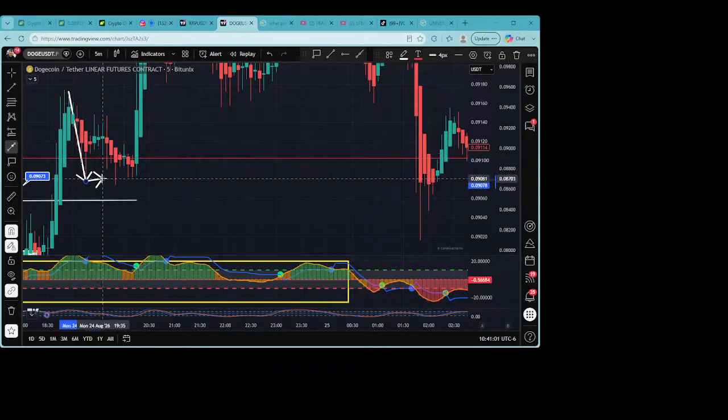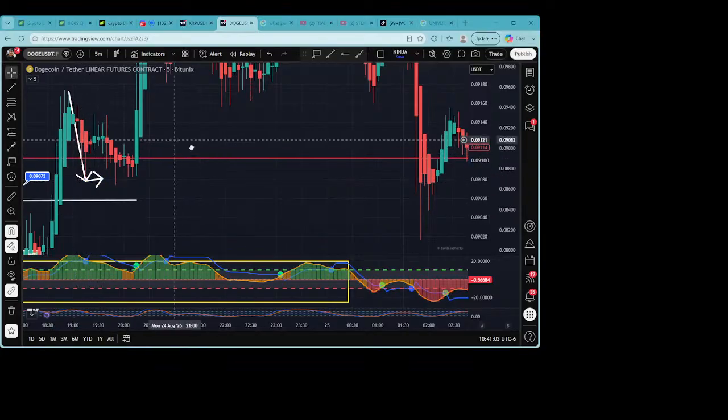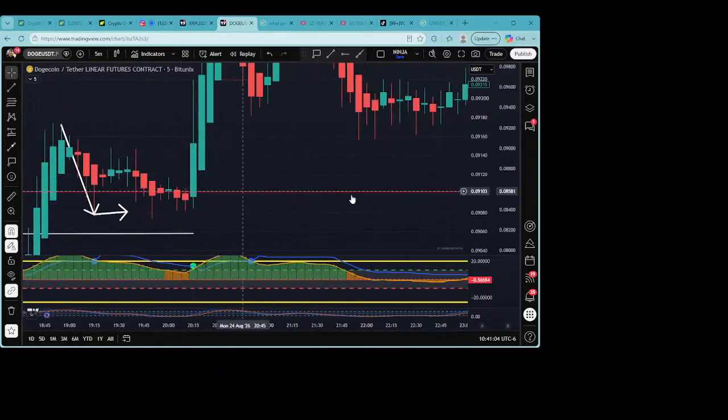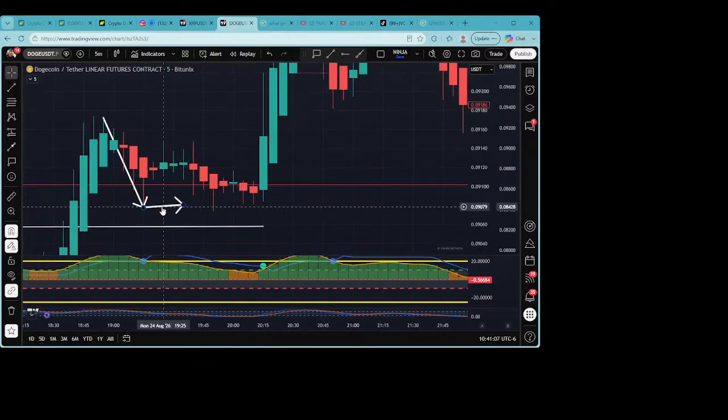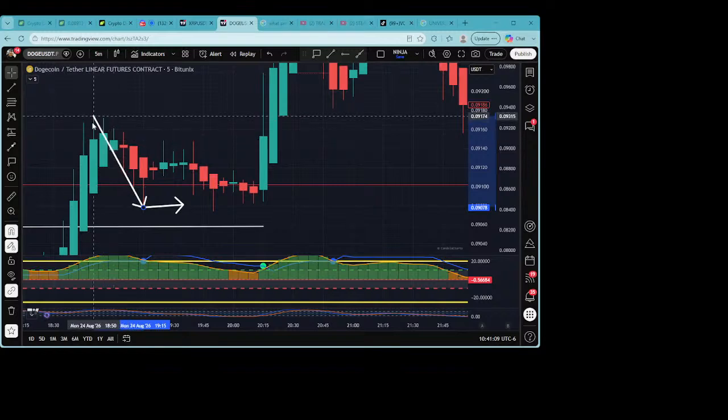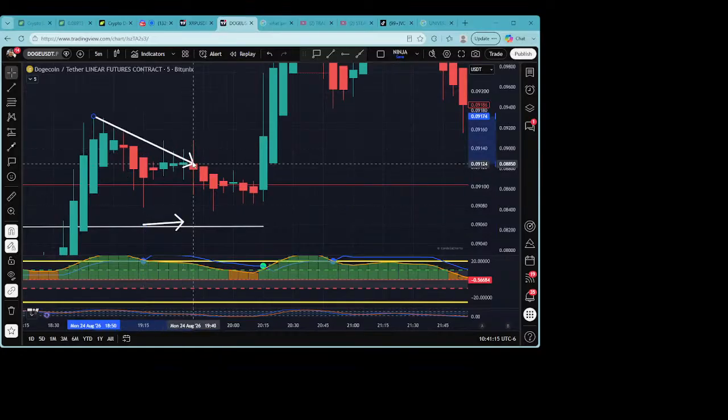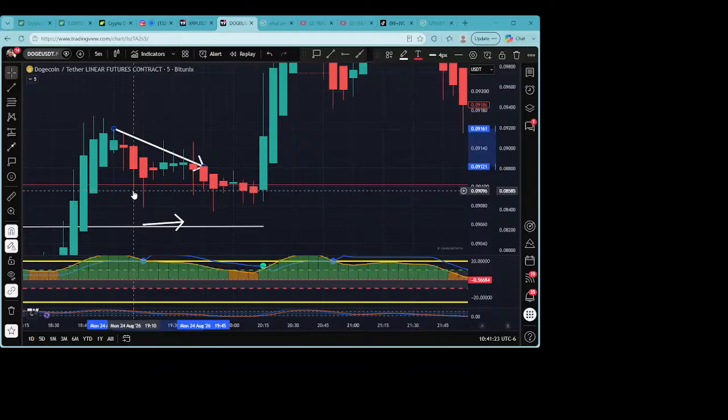Now the very first thing I have to do is put a trend line here, right? So remember what the trade is: once there's a move down, there's a trend line, and I'm just going to use the same arrow. So the trend line would look like that.